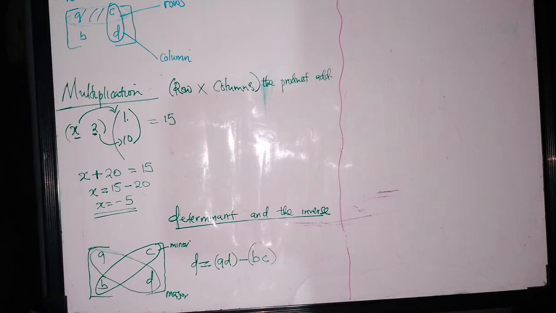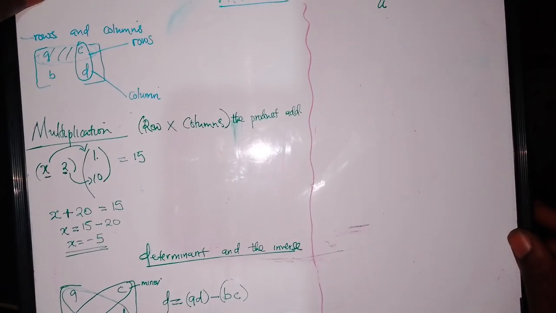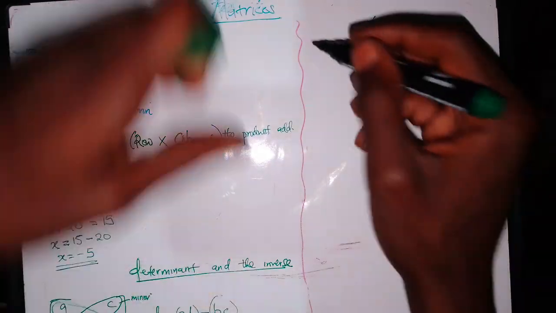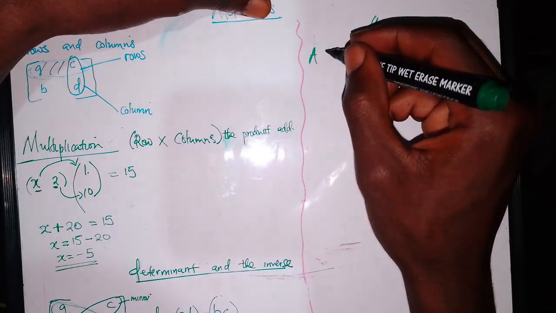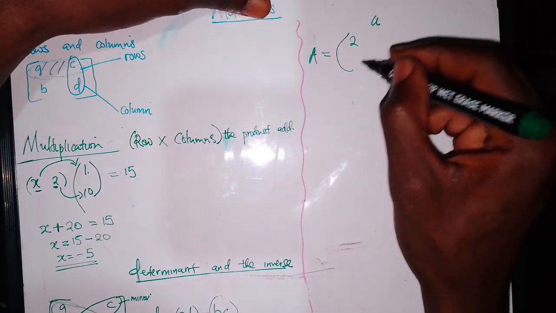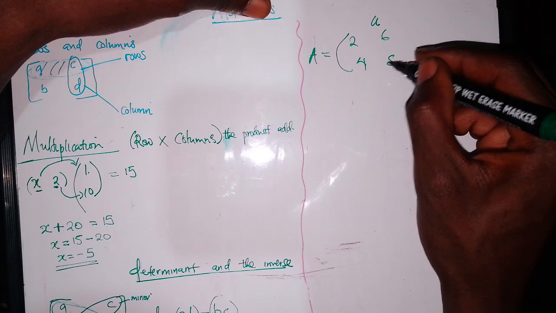Don't worry, you will understand in the example. The example we have is matrix A, which has 2, 4, 6, and 8.